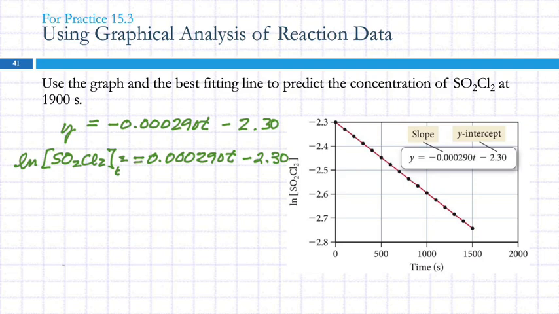Oh, that's supposed to be an equal sign. I'm just going to call this A because that's too long. Oh, I know what I did wrong there. There was an equals and a negative sign. Times the 1900 minus 2.30.